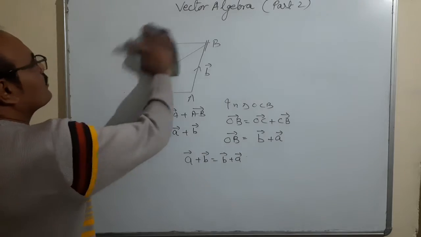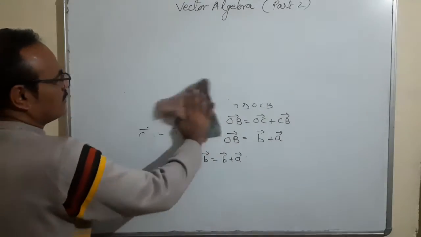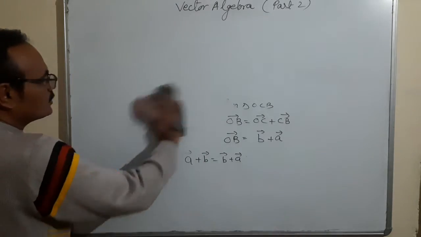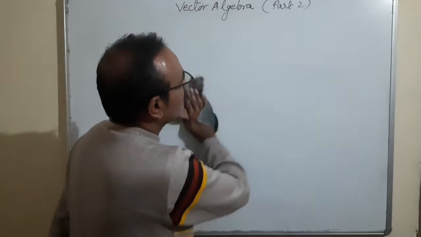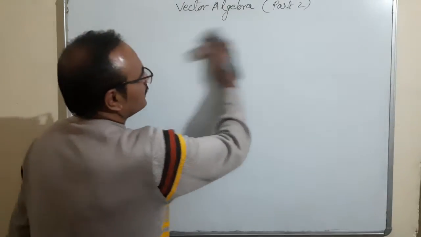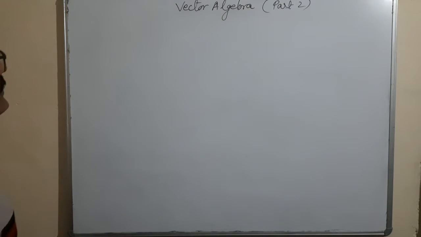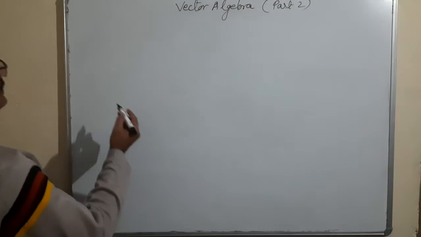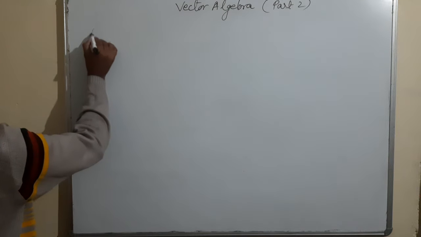Second, we are discussing the associative law. Let us see whether the associative law holds for vectors, yes or no. For the associative law, I am making two diagrams, two quadrilaterals. The commutative law I already explained.